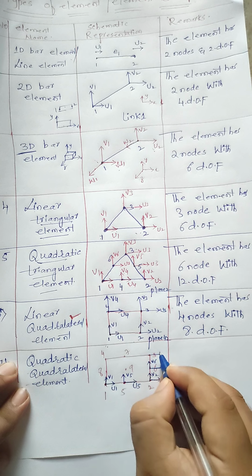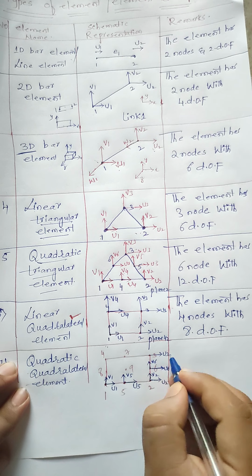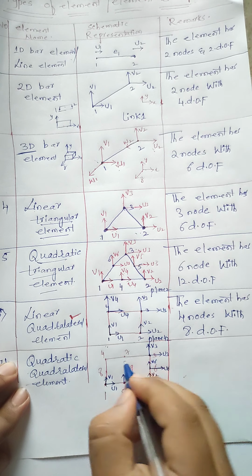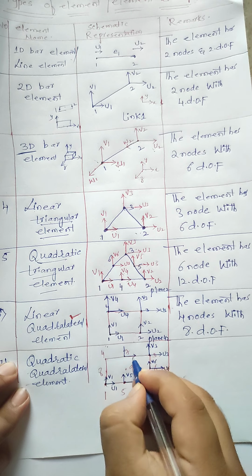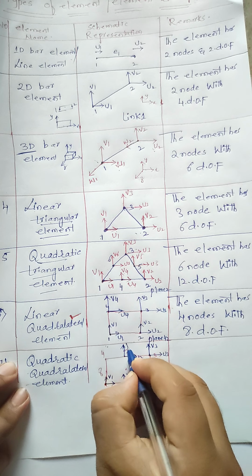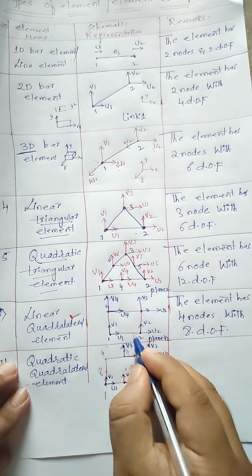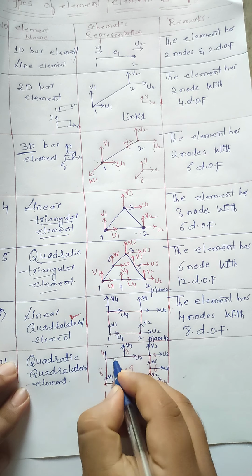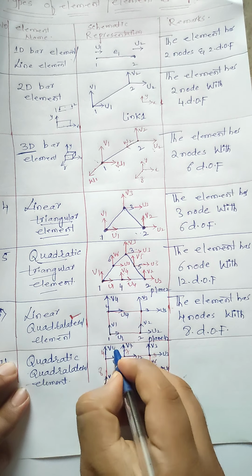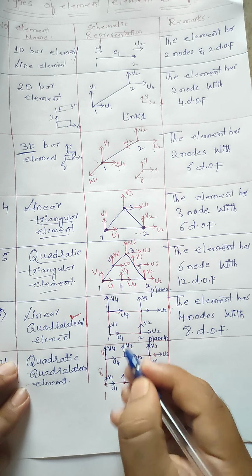Displacement u3 is acting in the x direction, displacement v3 is acting in the y direction, displacement u7 is acting in the x direction, displacement v7 is acting in the vertical direction, displacement u4 is acting in the x direction, displacement v4 is acting in the vertical direction.